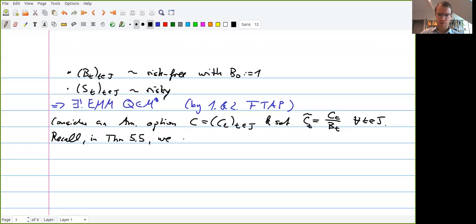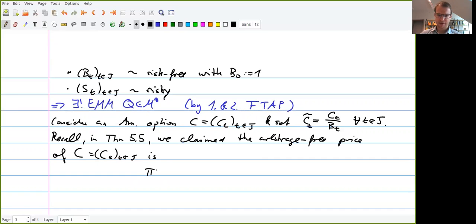So we claimed, and up to now it's still a claim because we haven't proven it yet, that the arbitrage-free price of our American option C is given by this optimal stopping problem.